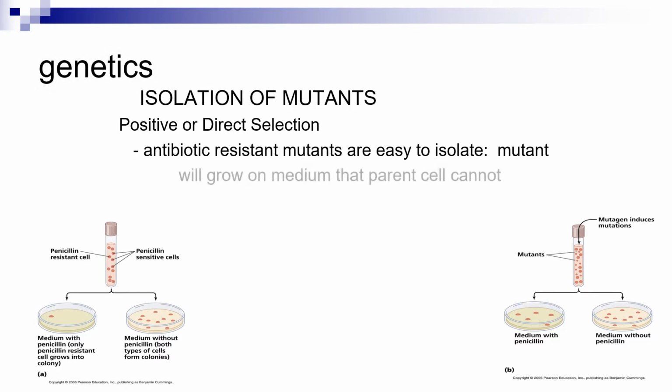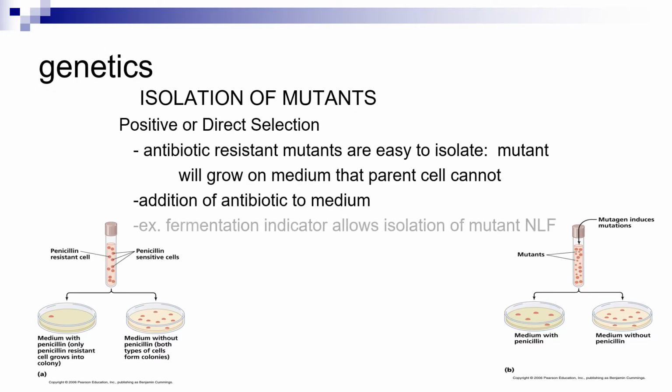So in order to isolate mutants, organisms that have mutations, there's several methods to do that. But we have to think a little bit about what we're actually looking for. So if we have an antibiotic-resistant mutant, in other words, this is what our lab would have done.